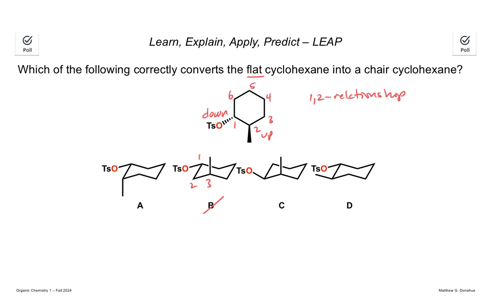C. C has both of them up, so we can eliminate that. And I think we can eliminate one more using that logic. So A, that's down and down. So we would end up with D as the correct response.